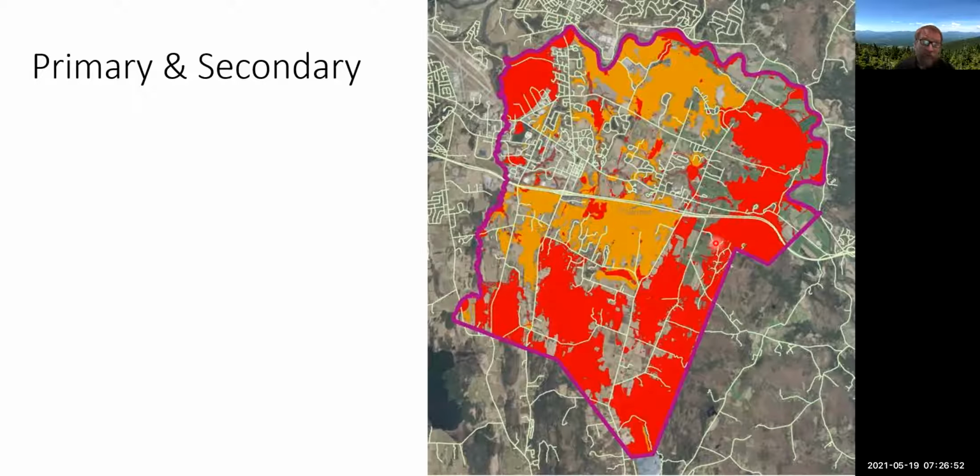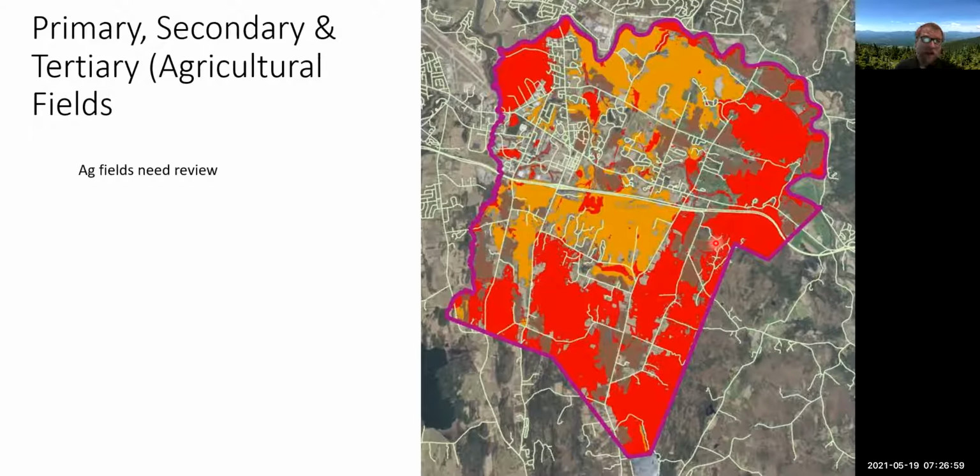Now, when we last met, we also discussed the ag fields, and you all were pretty clear that we didn't want to drop those. So we included those as a tertiary review, and those ag fields still need some review.